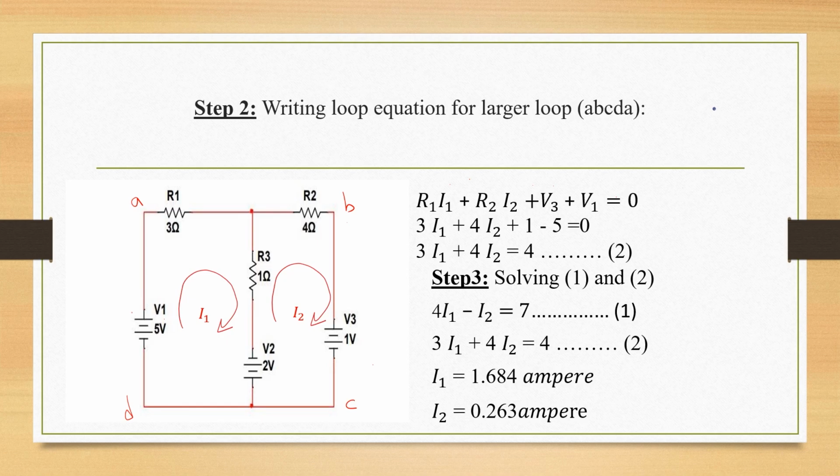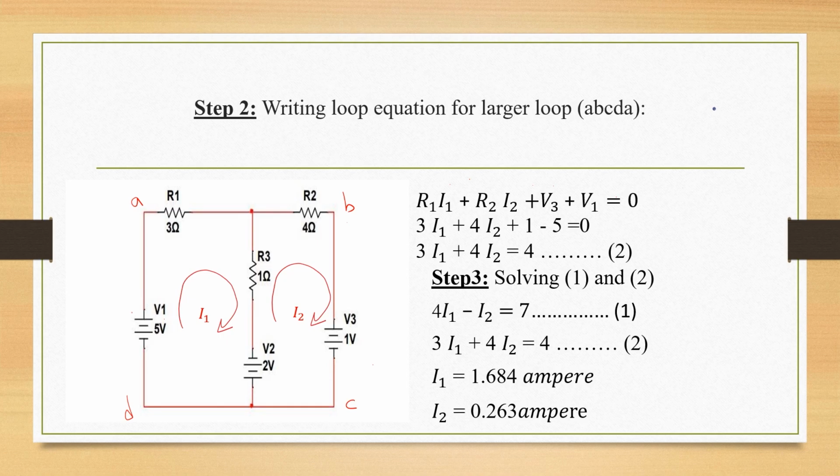Now observe here current is flowing from the V3 positive terminal to negative terminal, plus V1. Here V1 is negative terminal to positive terminal. That's why V3 is plus and V1 is minus. Putting the values of R1 3 ohm, R2 4 ohm, V3 1 volt, V1 minus 5 volt, I get the second equation 3I1 plus 4I2 is equal to 4.